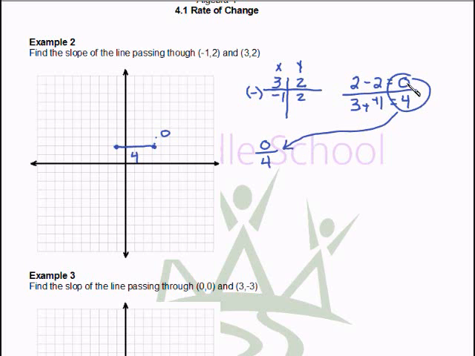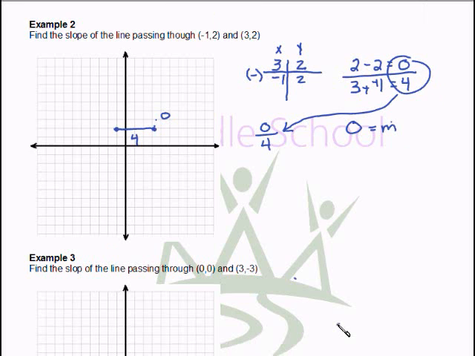Anytime you have 0 in the numerator, your slope is 0. The reason your slope is 0 is because it's a straight horizontal line. There's no slope in the road. Slope in the road means there's a hill going up or down, and it doesn't occur here, so your answer is just 0. Okay, I want to go back up to example 2 for a second.